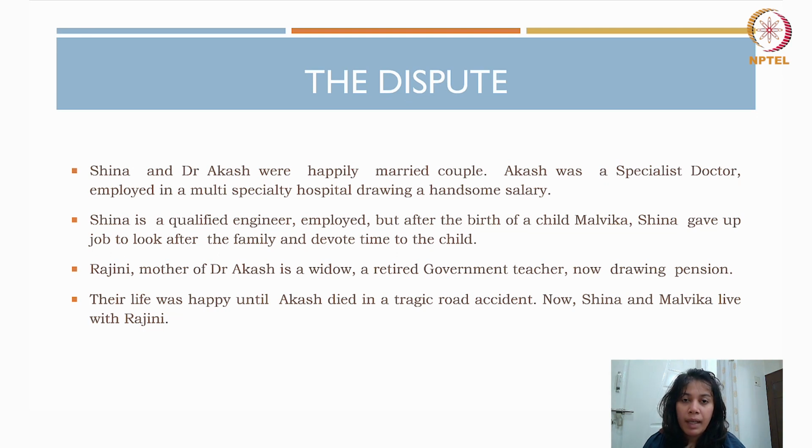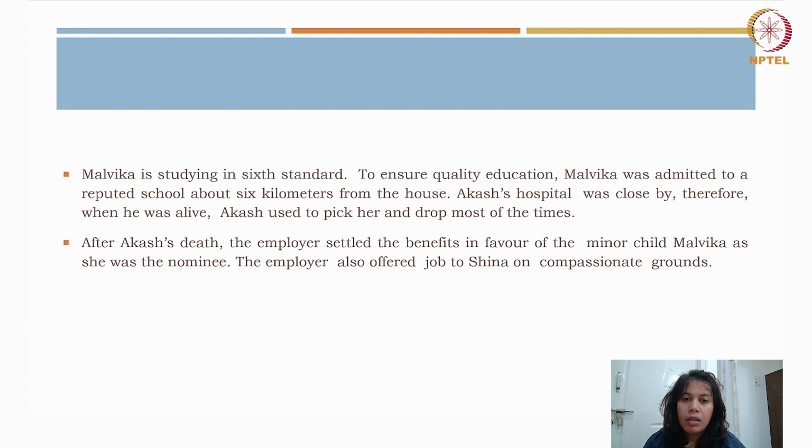Now one day Akash died a very tragic death in a road accident. So now it was only Shaina and Malvika, and they started living with Rajni, who is the mother of Dr. Akash. She is a retired government teacher, a widow, and now drawing pension. Malvika studies in 6th standard, and her school is almost 6 kilometers away.